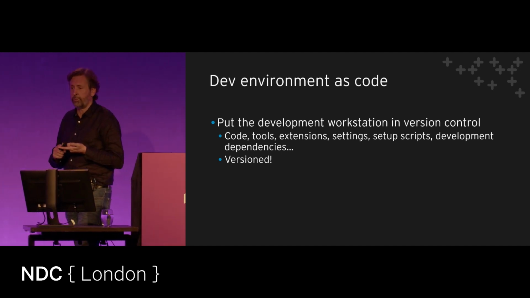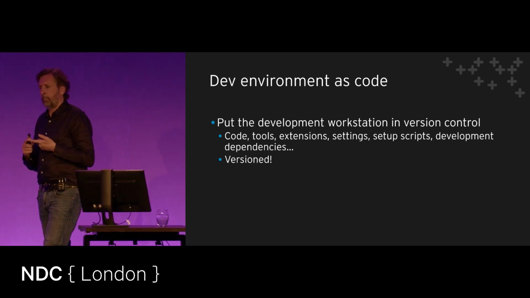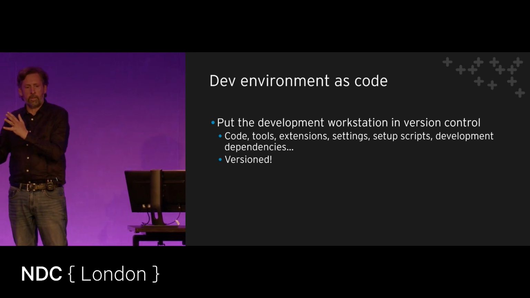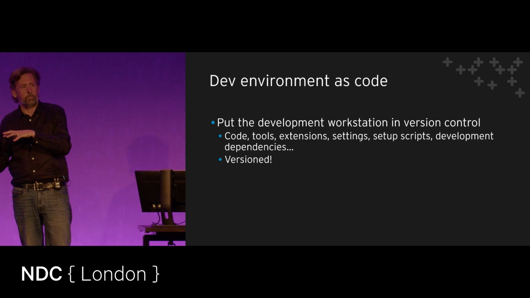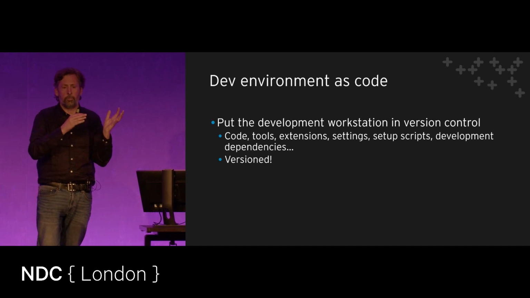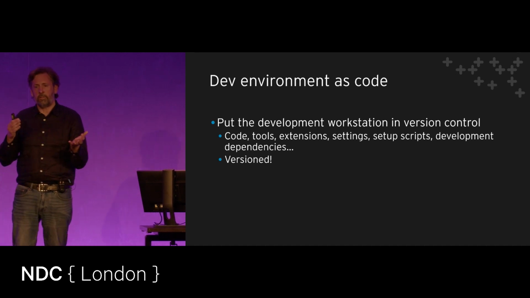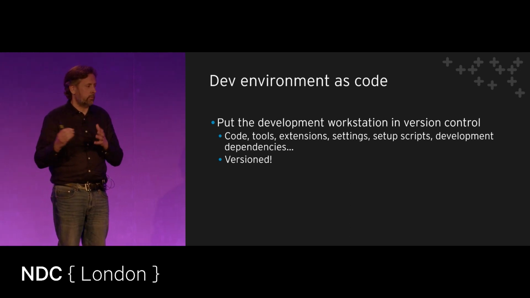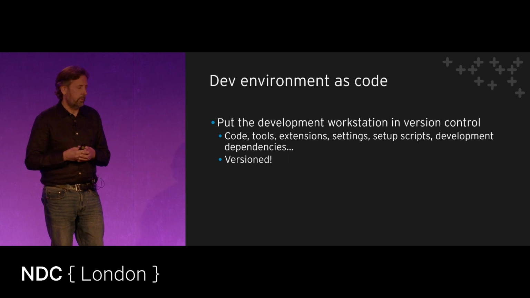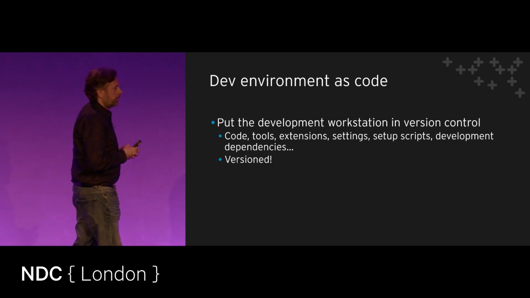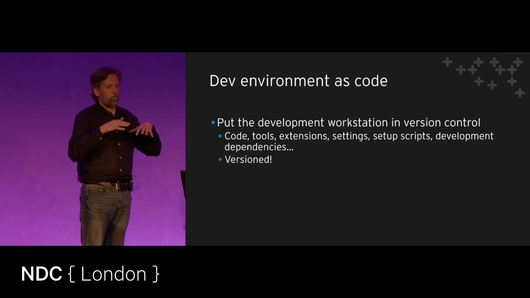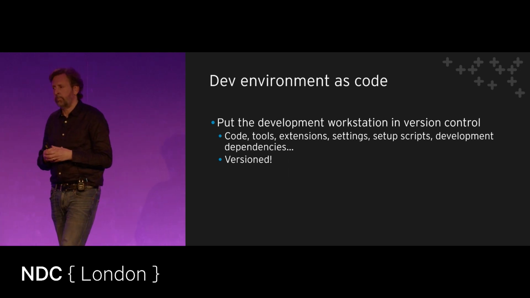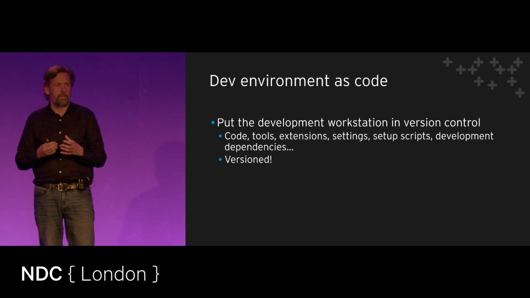Now it's also versioned, which means that if, for example, you're working in a new feature branch where you're adding things, but then perhaps you need to go and fix a bug in an older branch, things might have changed, dependencies might have changed. That's always a hassle, to go back and forth in time or switch work between repositories. If you have all this versioned, then it's going to work the next time you pick it up.